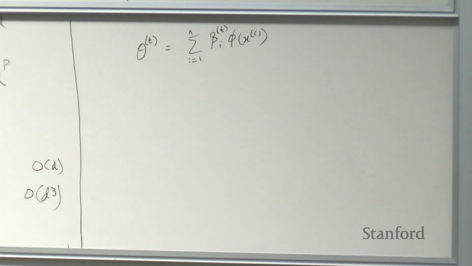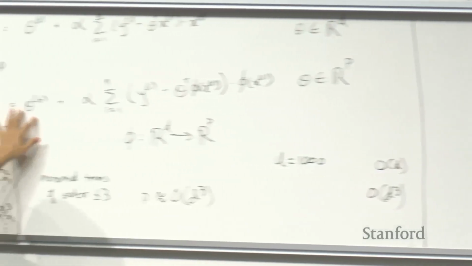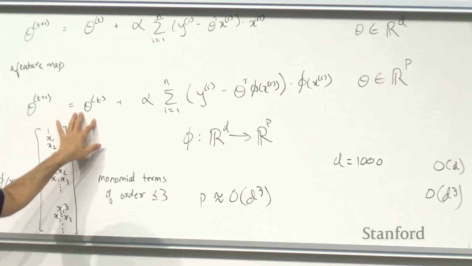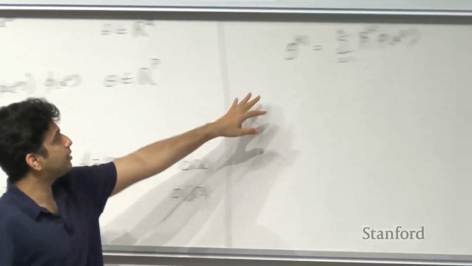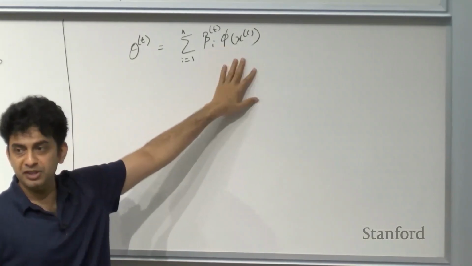The theta t that we encounter during any stage of our gradient descent can always be represented as a linear combination of the features.